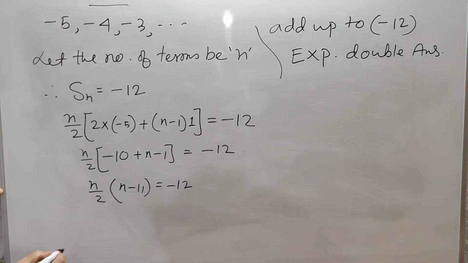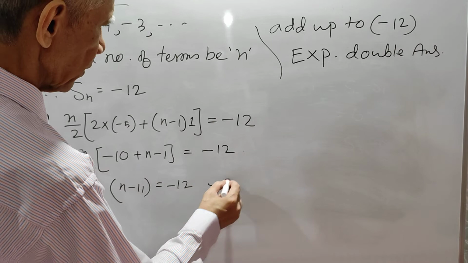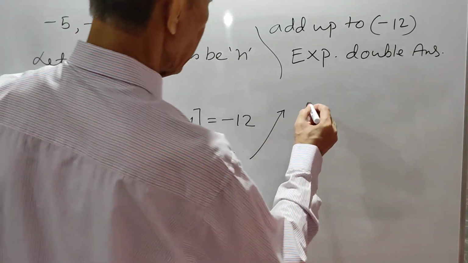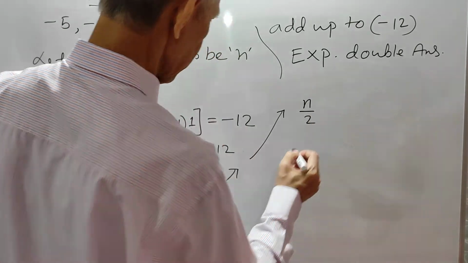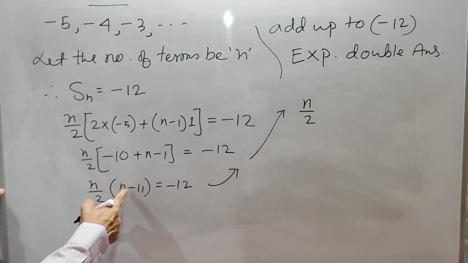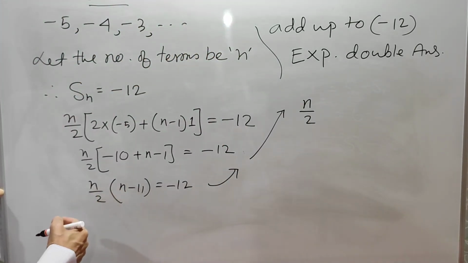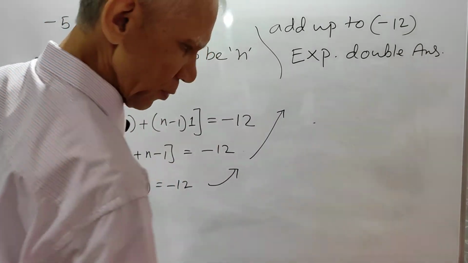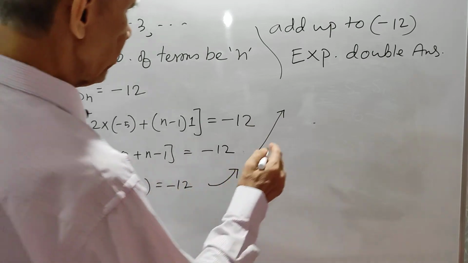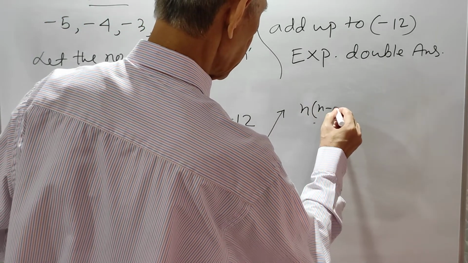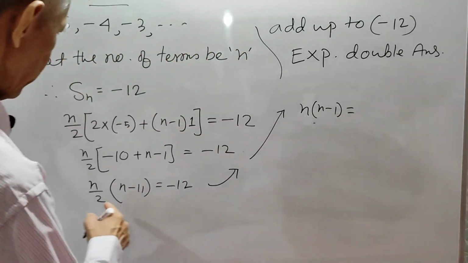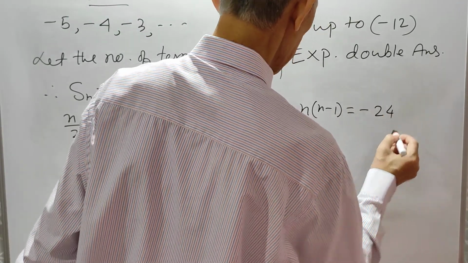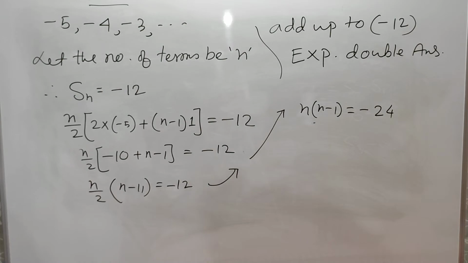Now let us cross multiply. So n into n minus 11 equal to 2 into minus 12, that is minus 24.